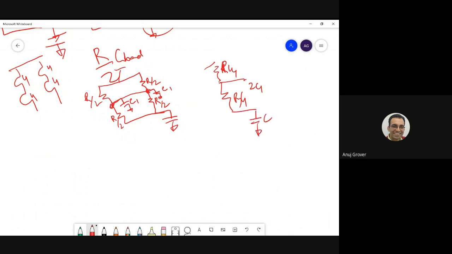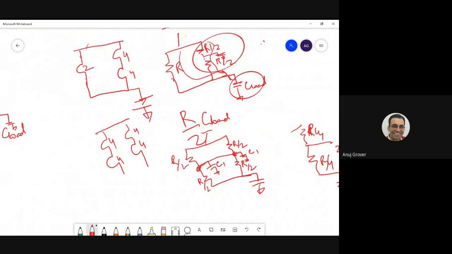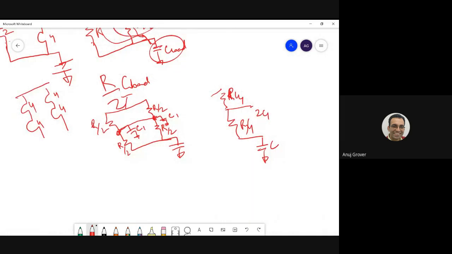See, आप Elmore delay को करते हुए, you cannot forget everything about your basic circuit theory, ना? Yes, sir. So, are you able to see this? See, जहाँ पे यहाँ पे symmetric नहीं था, so I could not have shorted. जहाँ पे symmetric है, वहाँ पे I will make it as an equivalent model, ना?